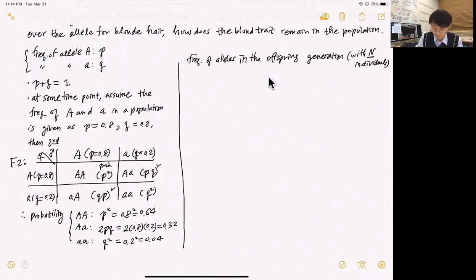Then let's calculate the frequency of large A, which is the number of alleles with large A over the total number of alleles. With n individuals, there are 2 alleles per individual, so the total number of alleles will be 2n.